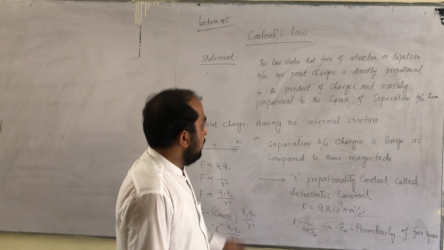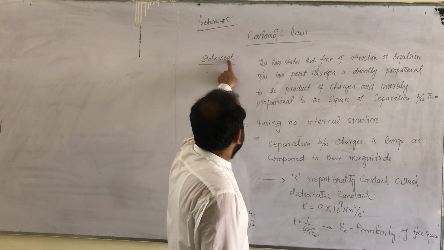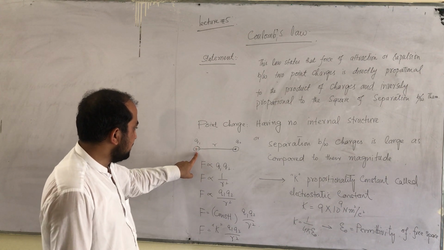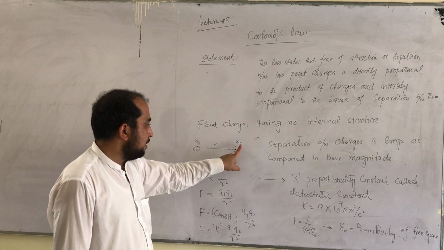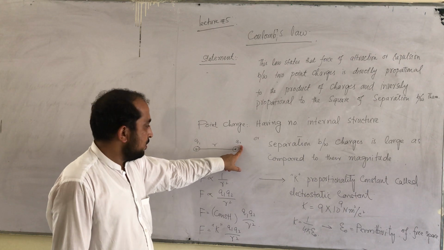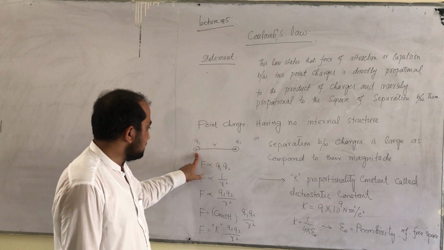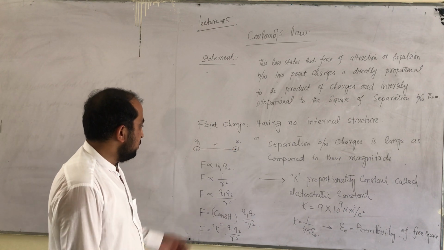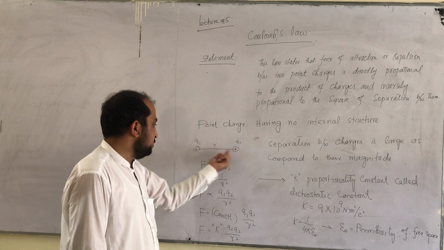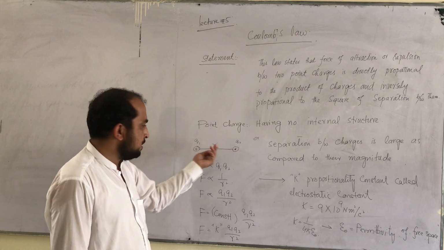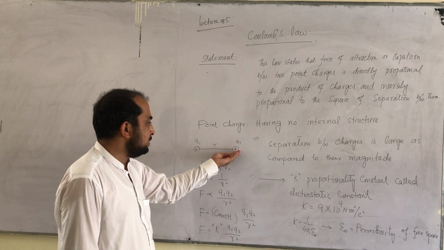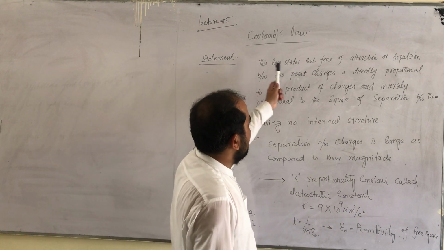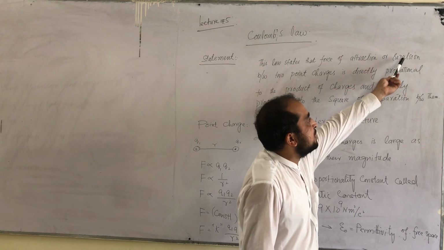Now, we will explain this statement. Let's suppose we have 2 point charges, that is Q1 and Q2. Here I consider both the charges positive. You can also consider both the charges negative, or one charge positive and another charge negative, because in the definition we say attraction or repulsion.